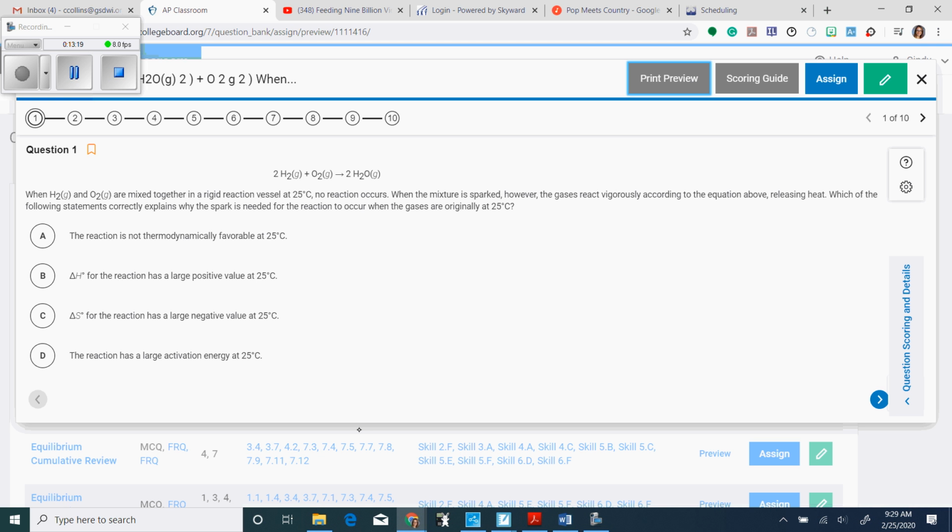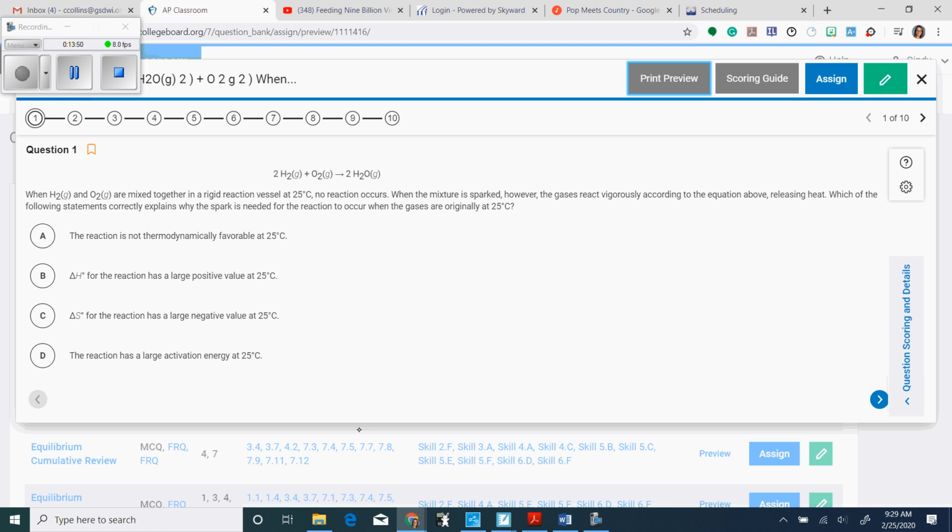So let's do the first one together, though, because I'm going to kind of talk out loud how I do these. Now, you might be better at reading than I am, but this is how I think through all of these words. It says when hydrogen and oxygen are mixed together in a rigid reaction vessel at 25 degrees Celsius, no reaction occurs. When the mixture is sparked, however, the gases react vigorously according to the equation above, releasing heat.